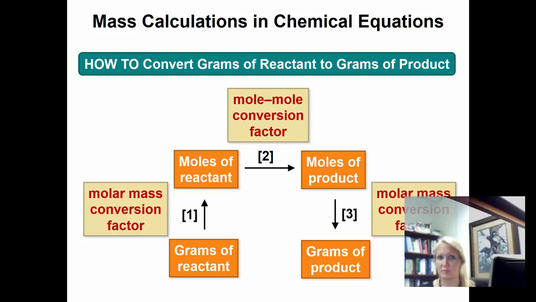Okay, so this is the plan that I just kind of wrote out. If you have grams of a reactant and you want to go to moles, then you're going to use your molar mass conversion factor of grams per mole. To get from moles of a reactant to moles of a product, so a different compound, you use your mole to mole conversion factor, and this is from your balanced equation.